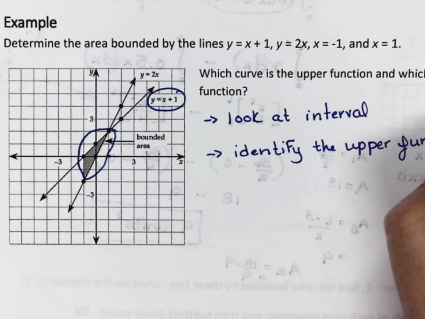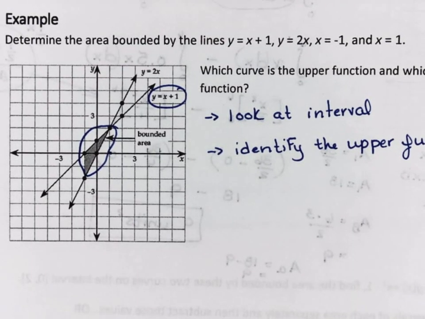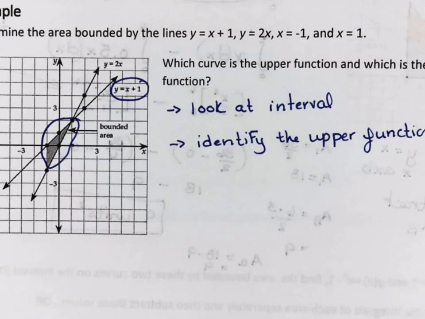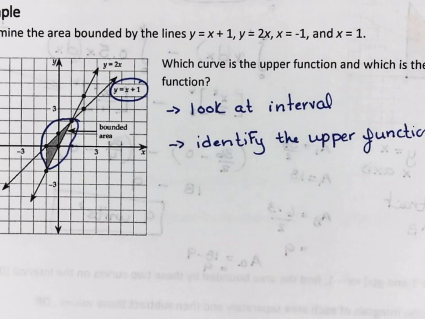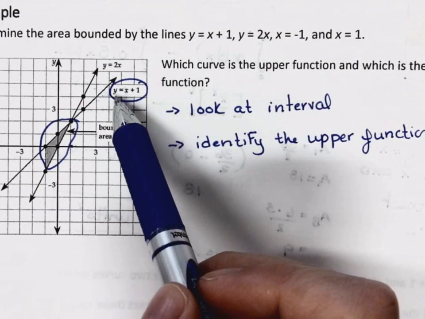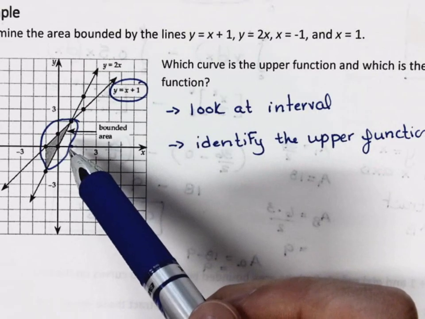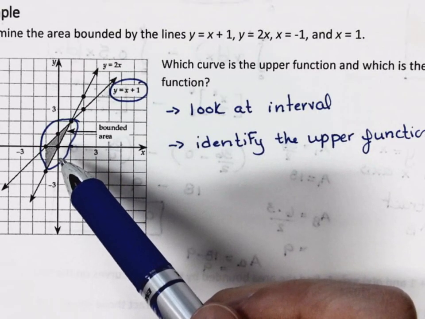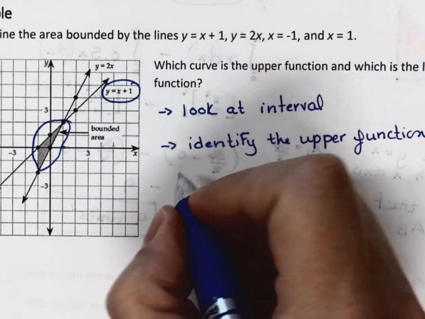I'm not saying the function that's greater. What I'm saying is the one, well, the y values are greater. The one that is physically higher than the other one. So we know on this one, we're saying y equals x plus 1 on this interval is above y equals 2x.